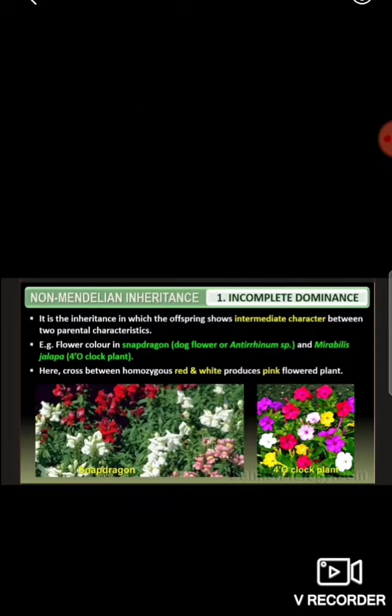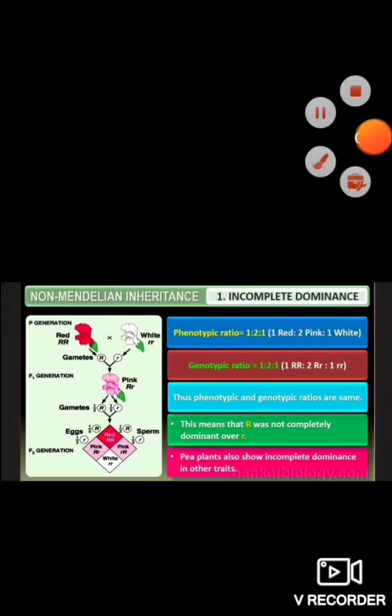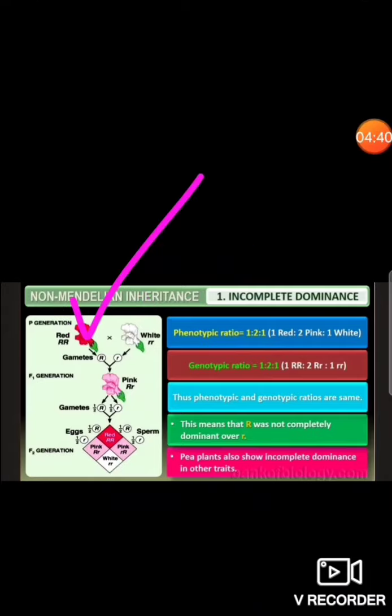It is still letting the recessive allele express a little bit, or it is not expressing completely. For example, observe the color of the snapdragon flower, or the Mirabilis jalapa four o'clock plant. There is a red color flower and a white color flower. One plant producing red is crossed with one plant producing white. Red is dominant and white is recessive.